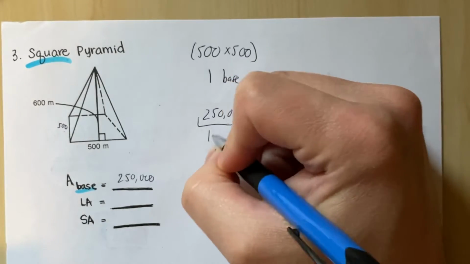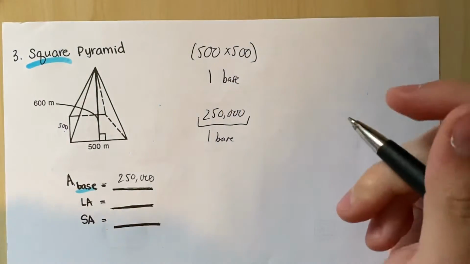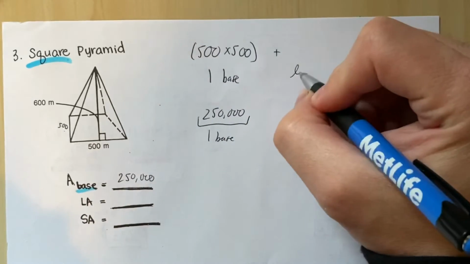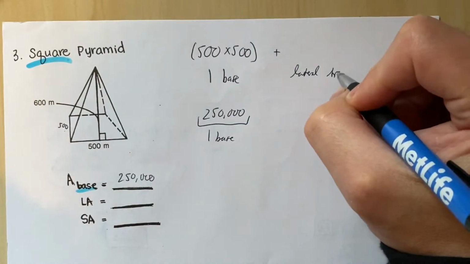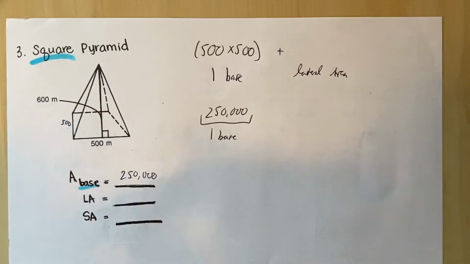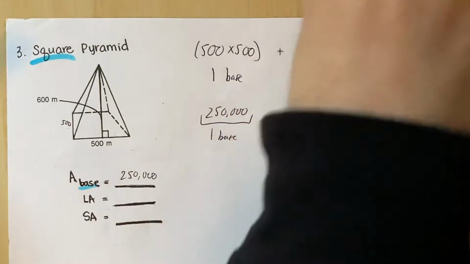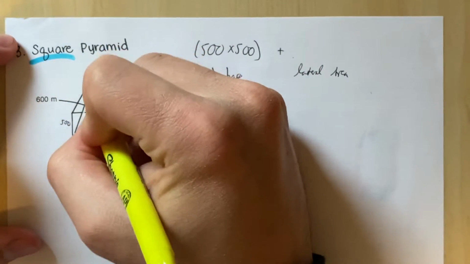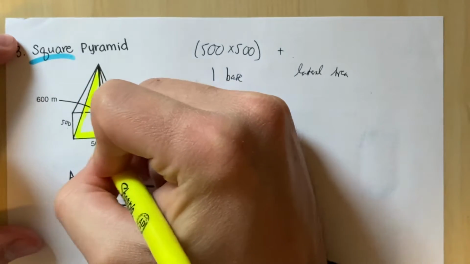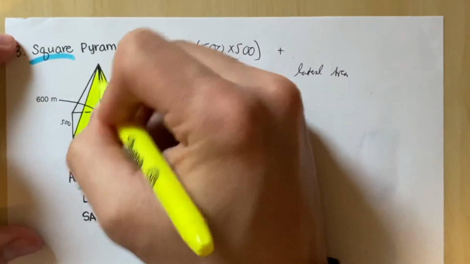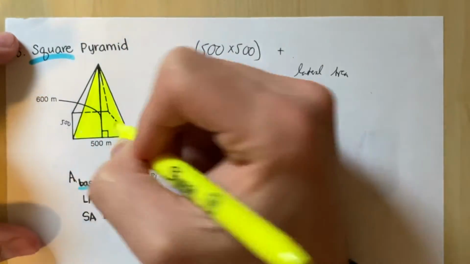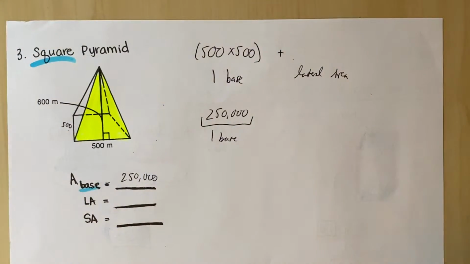That's the one base. Okay, but then we have to think about the lateral area. The lateral area is all of these triangles. And luckily this one's facing towards us. So think, there's 4 of these triangles. They're all identical because they're on a square.